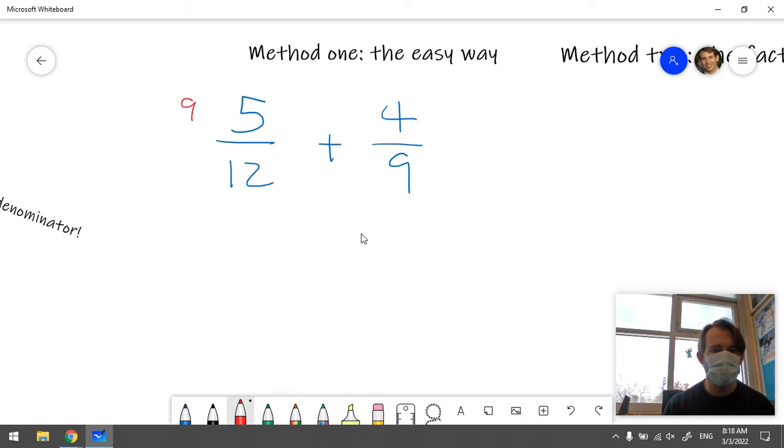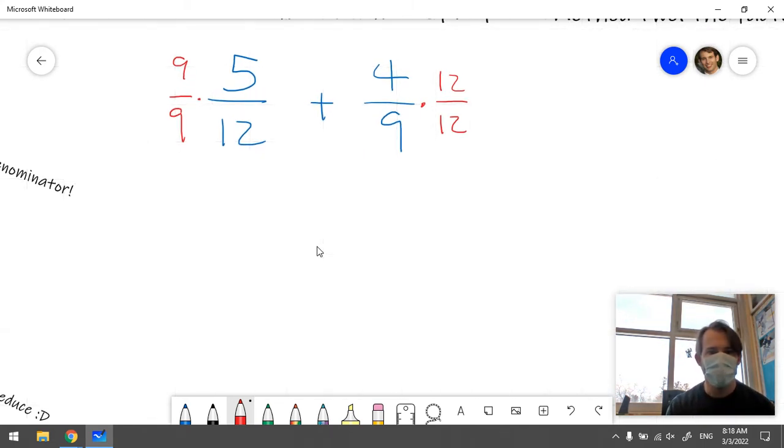I'm going to multiply 9 by 9 on this side, and on this side I'm going to multiply 12 times 12. Some of you are squirming. Some of you are saying, you don't need to do that, Mr. Jennings. Well, yeah, that's true. I don't have to do it this way, but it will work. And it's easier because I don't have to have any finesse.